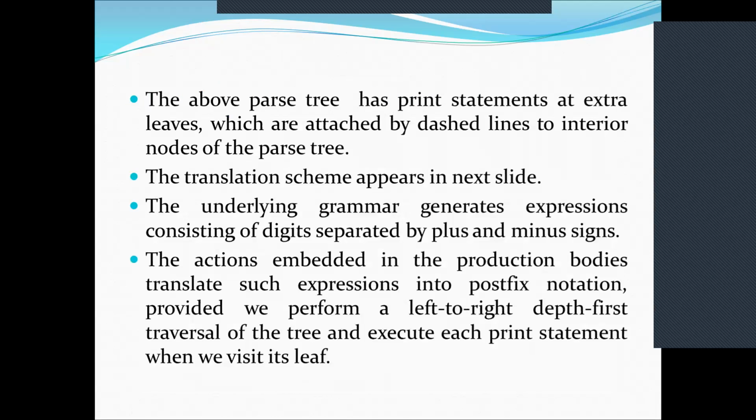You can see that in the above parse tree, the print statements are extra leaves which are attached by dashed lines to the interior nodes that we have seen. The translation scheme appears in the next slide. We will see how that has been translated in the next slide. As of now, the underlying grammar generates expressions consisting of digits separated by plus and minus signs.